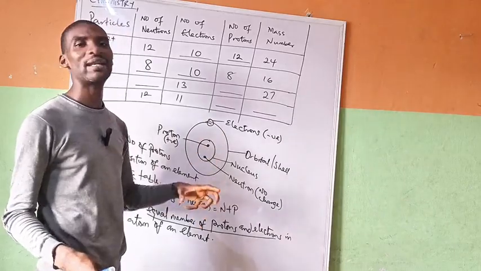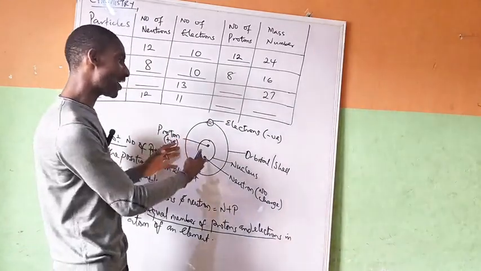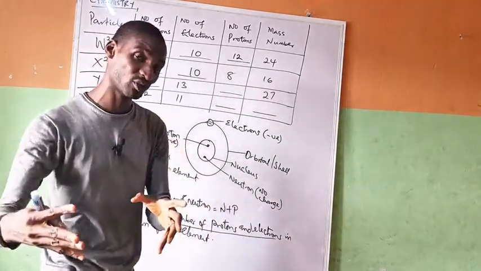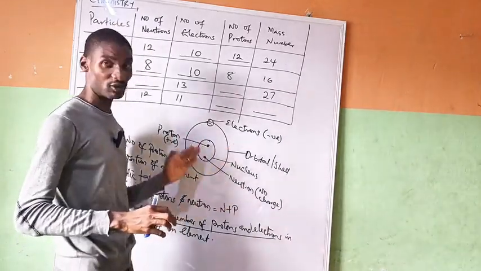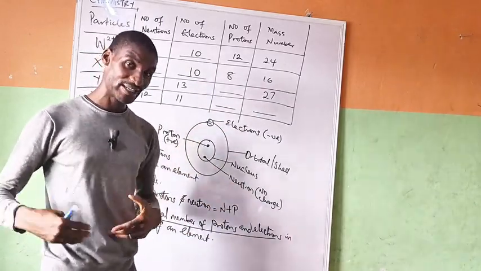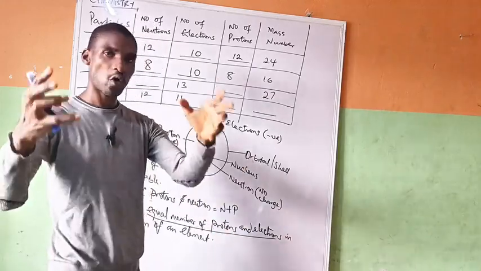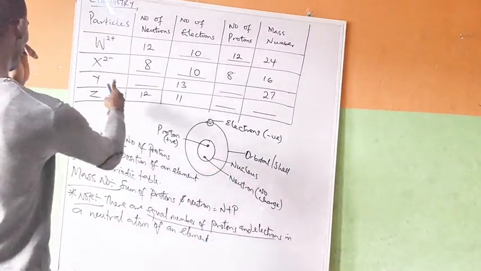So the number of electrons can decrease or increase. The reason elements take part in reactions is to attain octet valency. They want to have 8 electrons in the outermost shell. They want to attain stability by either giving out or accepting, borrowing electrons. Is that okay? Now, let's go to the next question.